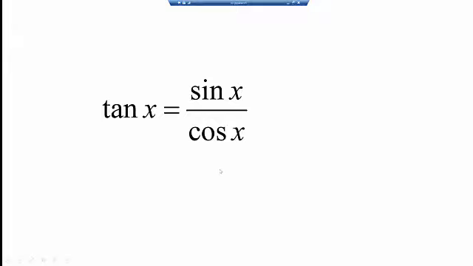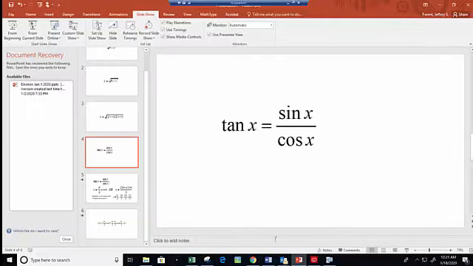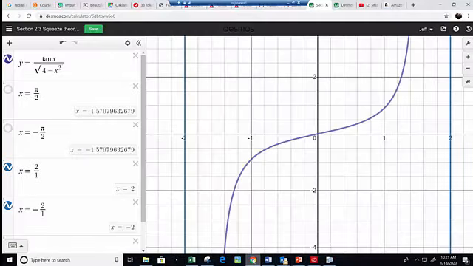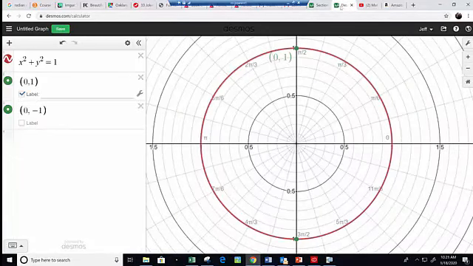So where's the cosine equal to 0? Well, let's think about the graph of the cosine. And in particular, let's think about the cosine function as being defined as the x-coordinate of your points on the unit circle. So that's going to be well defined everywhere, except there are two places where that value is 0.